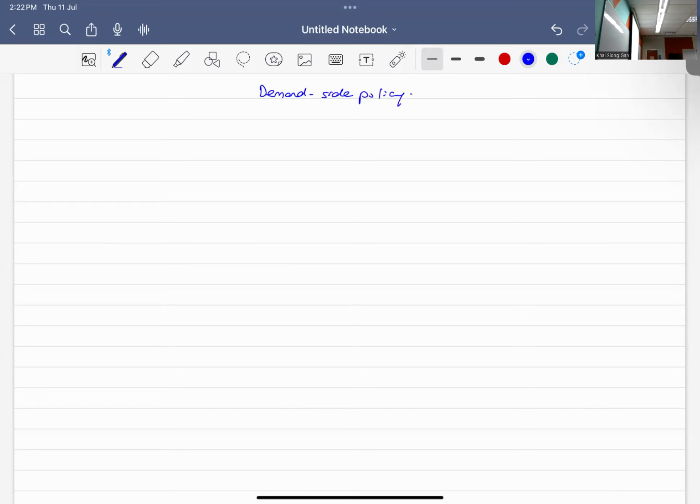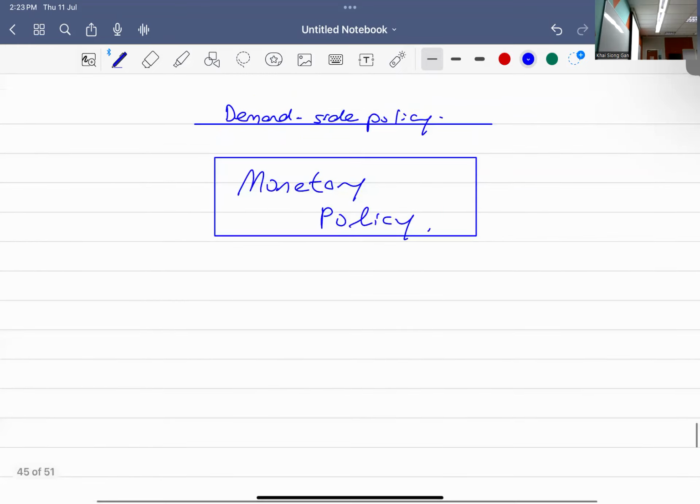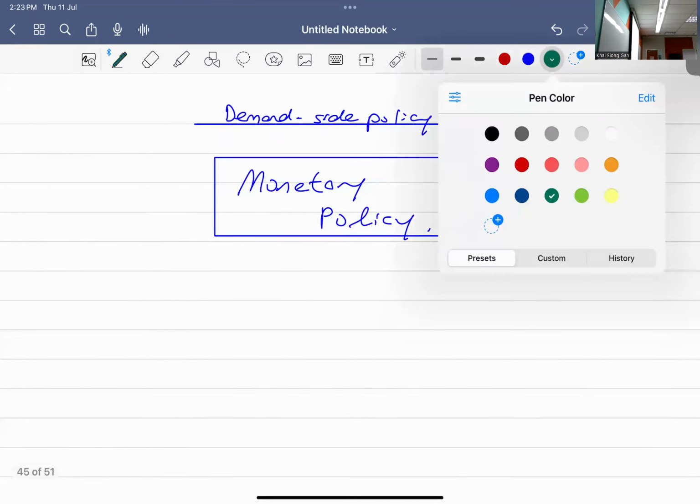Today we look into monetary policy, how the central bank, because usually monetary policy is controlled by central bank, controls the monetary policy to influence the total demand. So we say it's a demand side policy because it is being used to influence total demand.